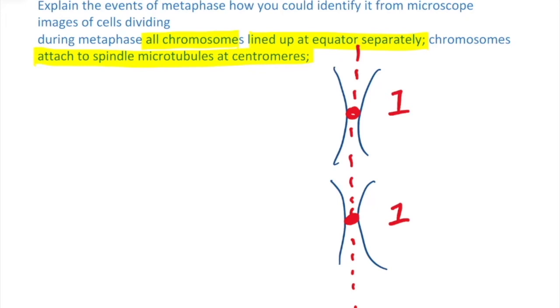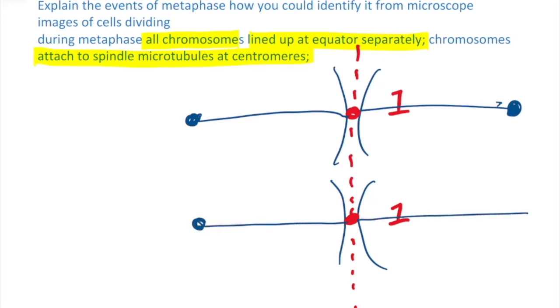And a spindle microtubule grows out from each pole and attaches to opposite sides. The thing it attaches to is actually a kinetochore, but that's not really part of IB. So we can say they attach to the different sides of the centromere.